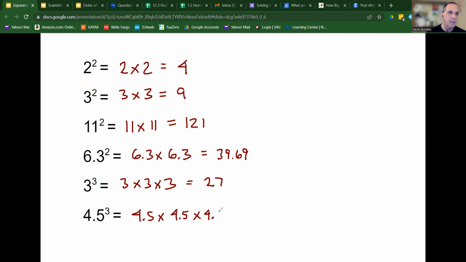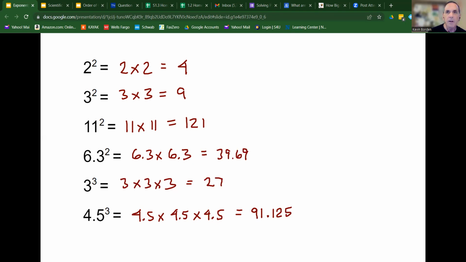The 3 is telling us how many times we are multiplying 4.5 together. And for that, you should get 91.125. Don't make the common mistake of thinking that the exponent and the base get multiplied together. 11 to the 2nd power does not mean 11 times 2 or 22.